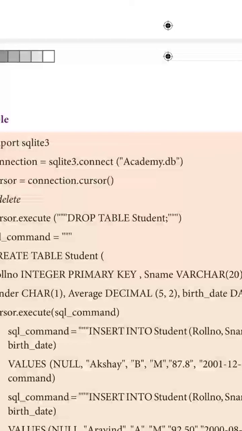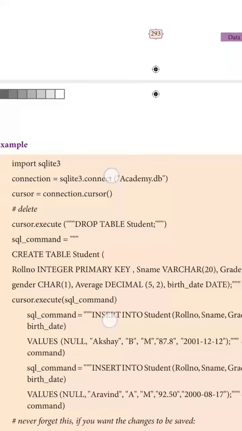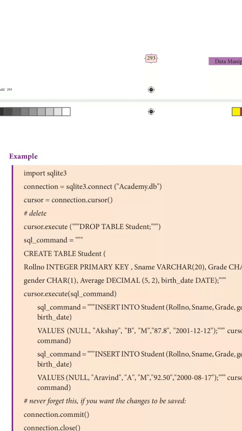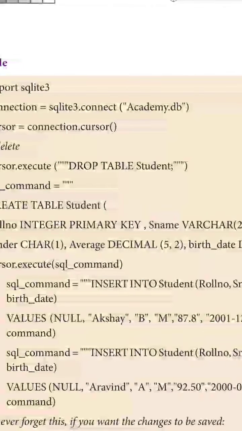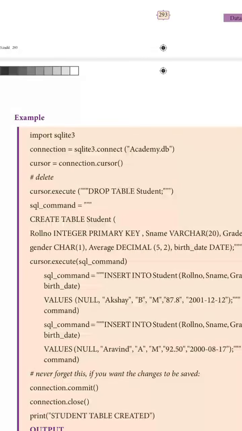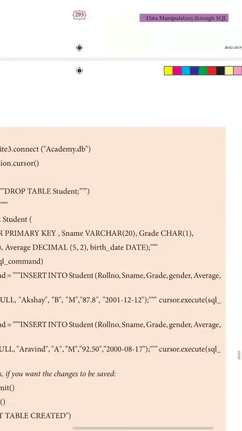Drop table student, so that the content and the structure of the table will be removed. Then they are creating another table with the same name, create table student with roll number and everything. This SQL command is a variable that contains the SQL command.